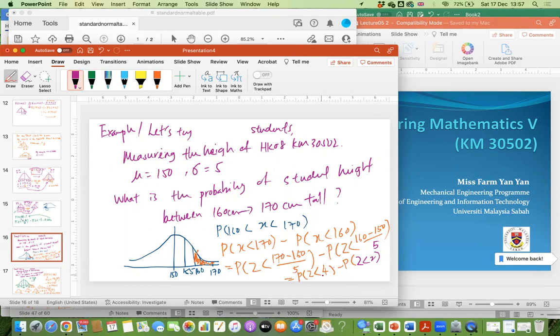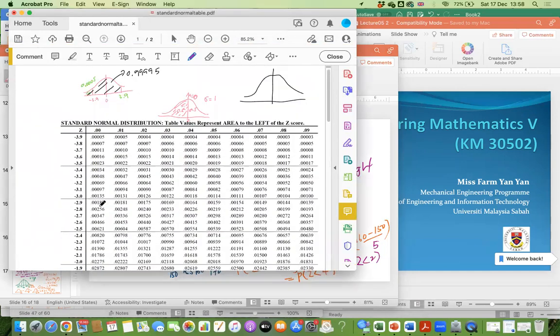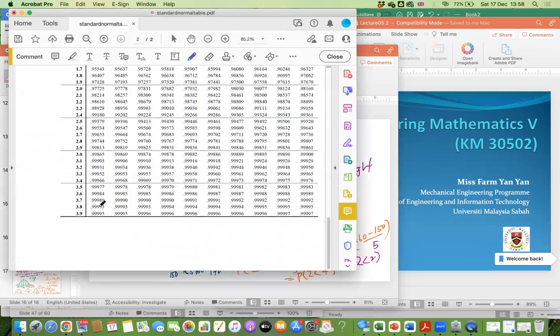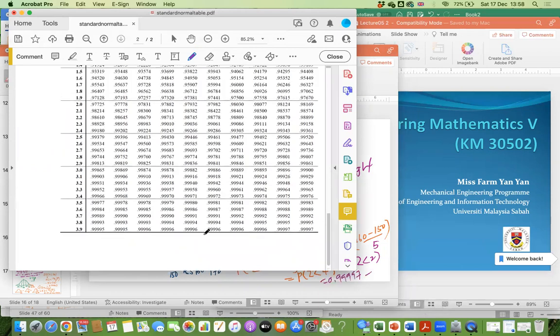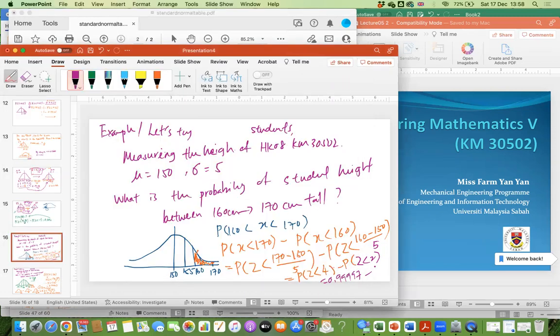Then you refer to the table for 4. When z is smaller than 4, the closest here is 3.99, so I have the value 0.99997 minus the value for z smaller than 2, which is 0.97725.